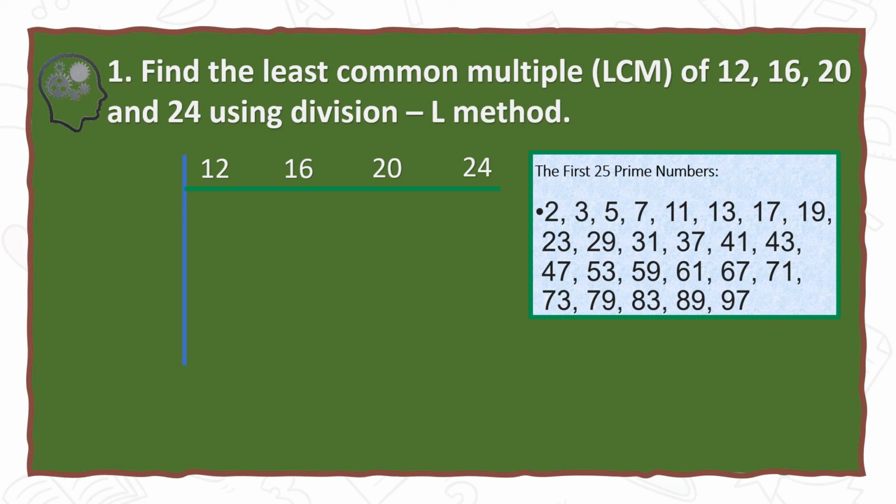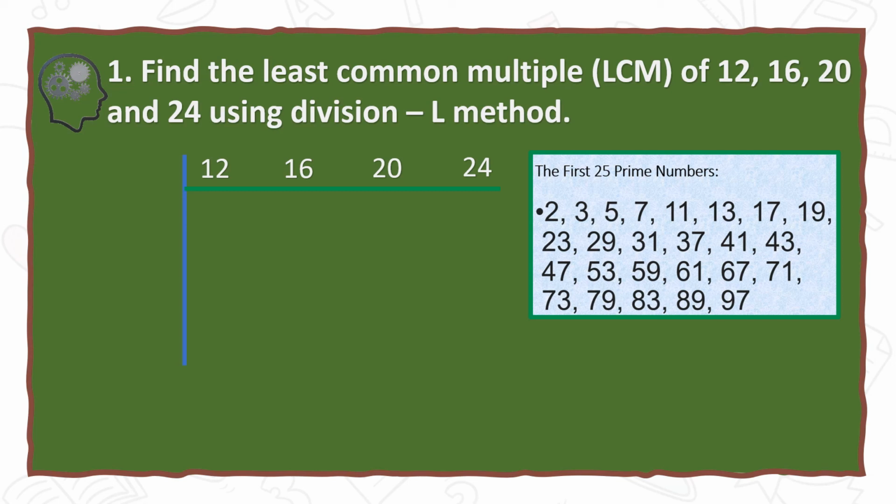Now, what is a prime number again? A prime number is a number that has only two factors. Example of factors: 2 is equal to 2 times 1. 2 and 1 are only the factors of 2.